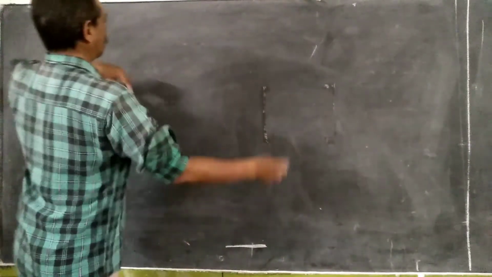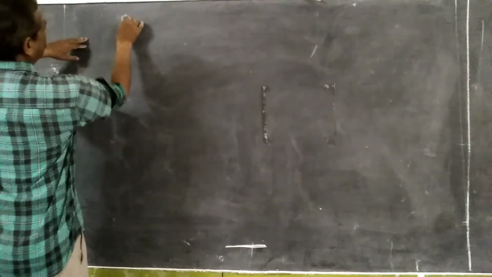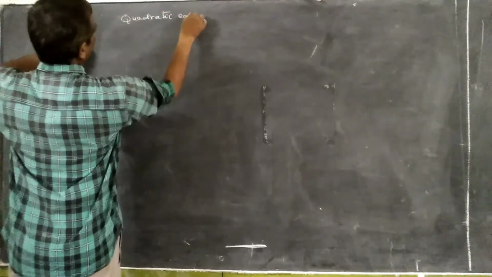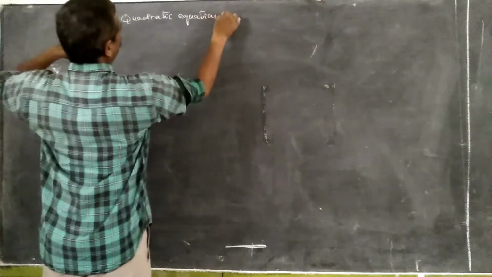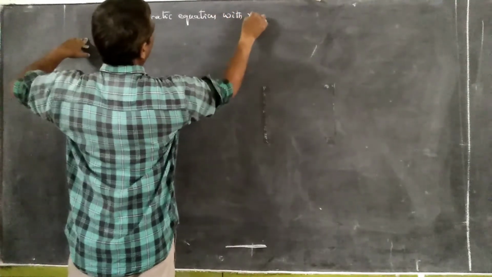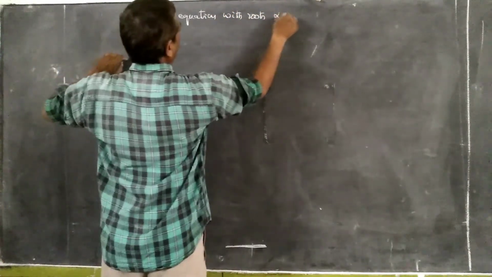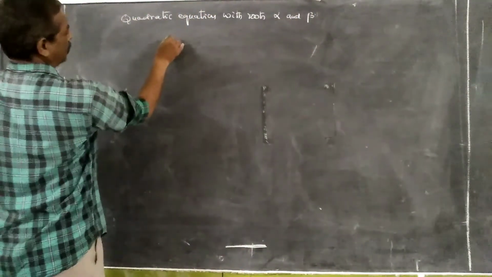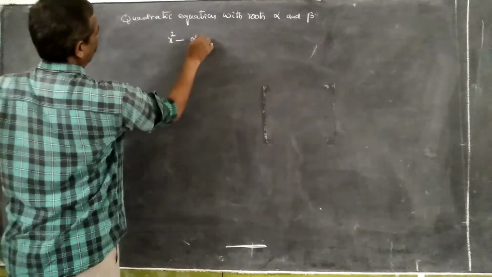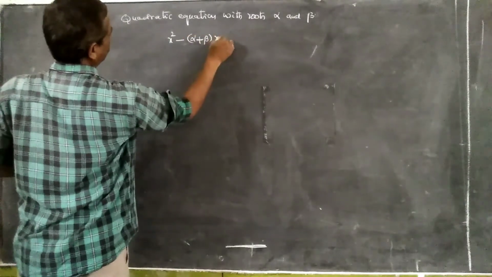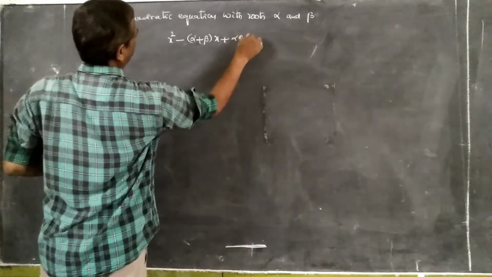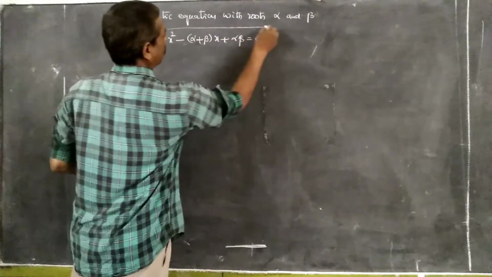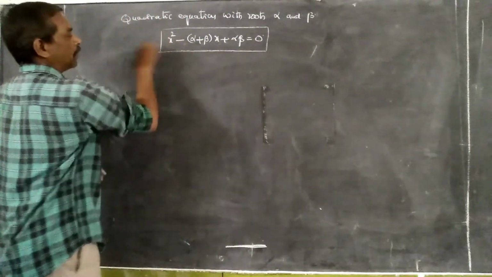Now the next topic is the quadratic equation with roots alpha and beta: x² − (alpha + beta)x + alpha beta = 0 is the quadratic equation when we know the roots.